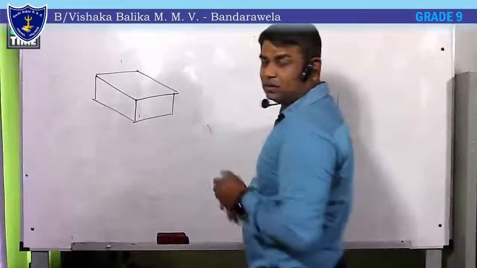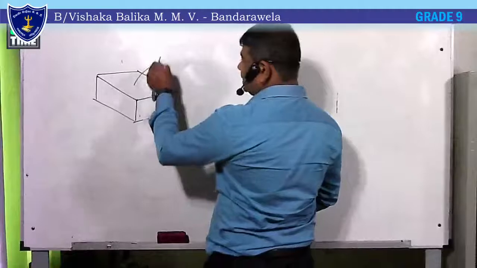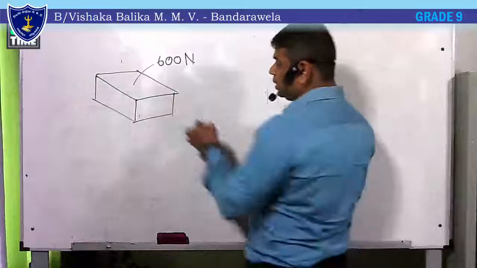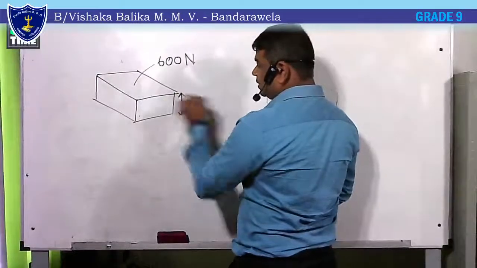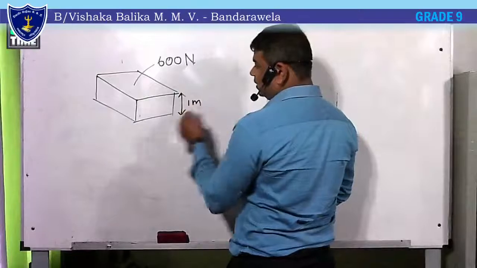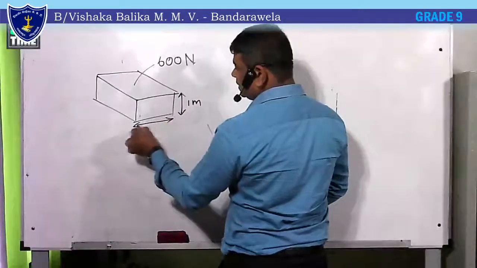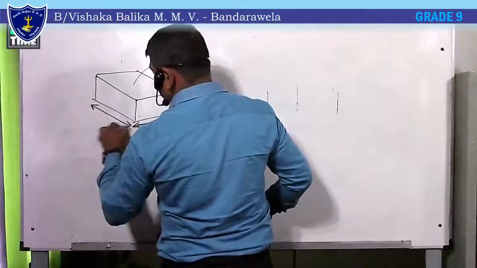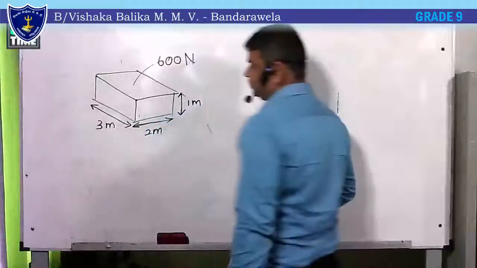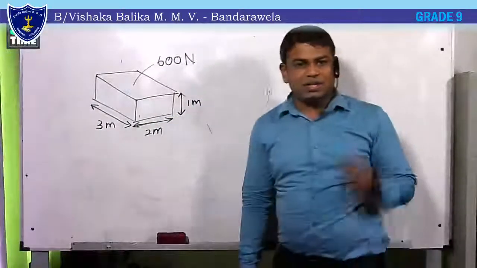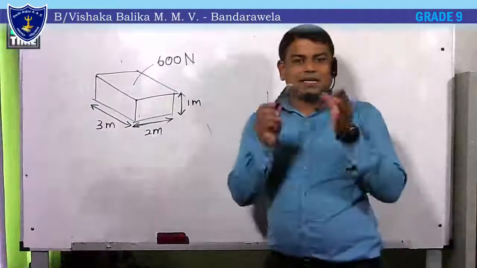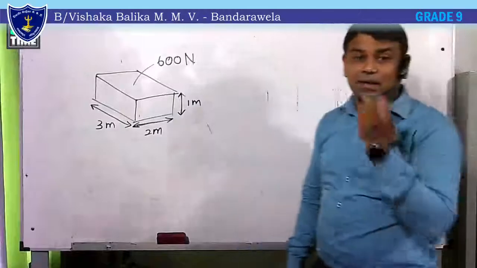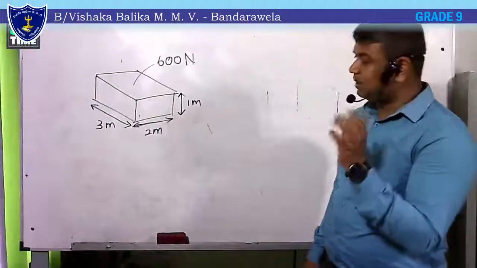Its weight is 600 newtons, and its height is given as 1 meter, width as 2 meters, and length as 3 meters. The question asks, what is the maximum and minimum pressure exerted by this cube?